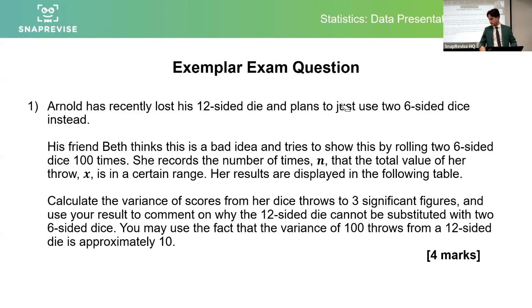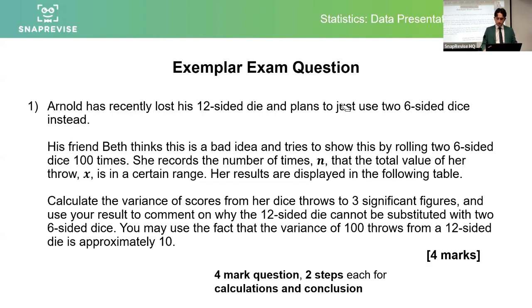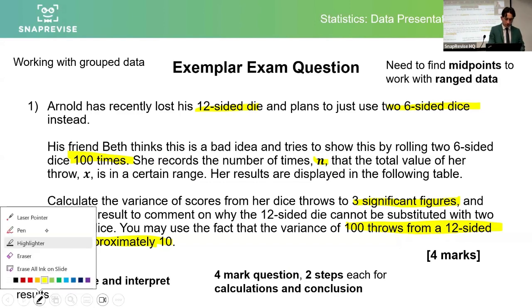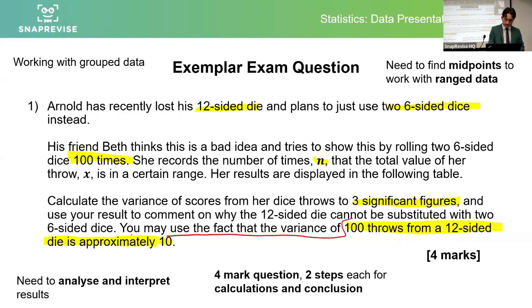So they've given you that. So let's look at what we've been given. 4 marks, grouped data. We've also been told this. So we've got a 12-sided die, two six-sided dice, 100 times. Another really good, tricky question for us to look at. And the bit that's important they've given us, that of course we wouldn't have just known, is this.